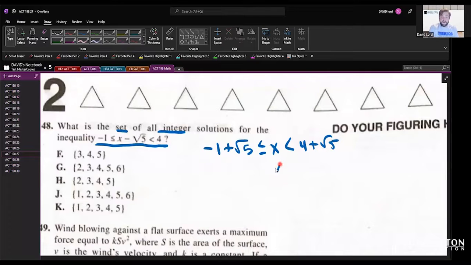Using my calculator, I can make these into decimals, and I get 1.23 and 6.23. So I want only integers, so that means that the next integer after 1.23 is 2, so it draws my attention to G or H, and I can go all the way up to 6. That's less than 6.23, so I would like to have answer G be my final answer.